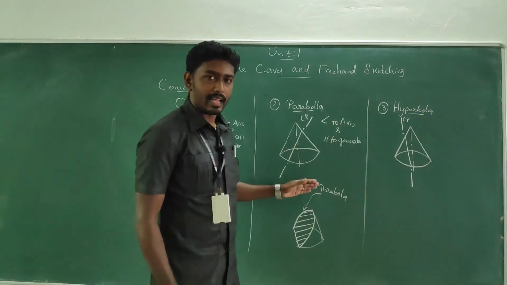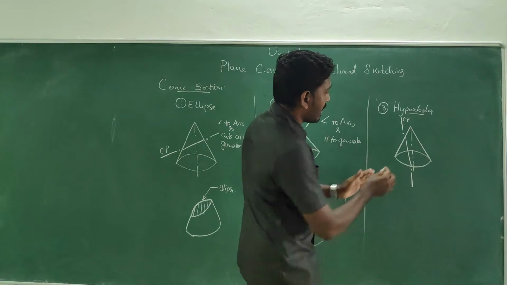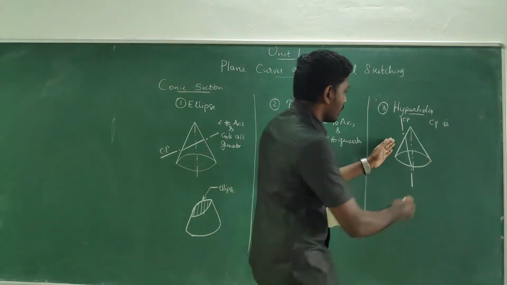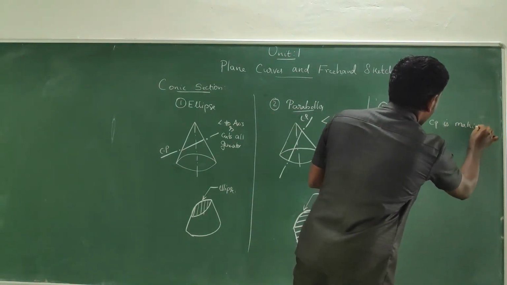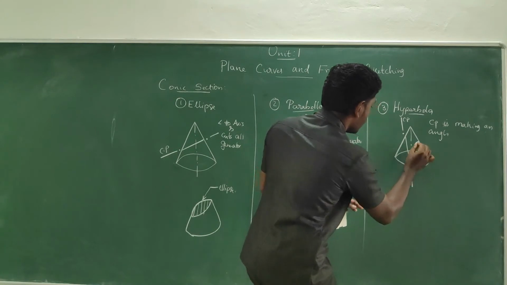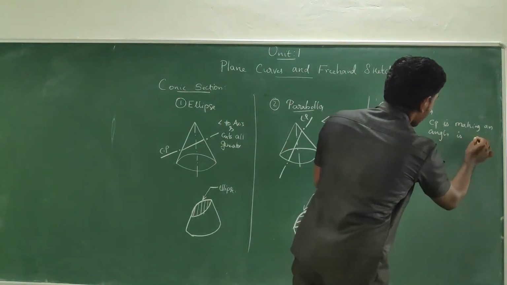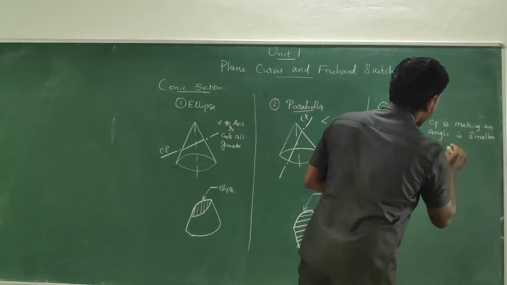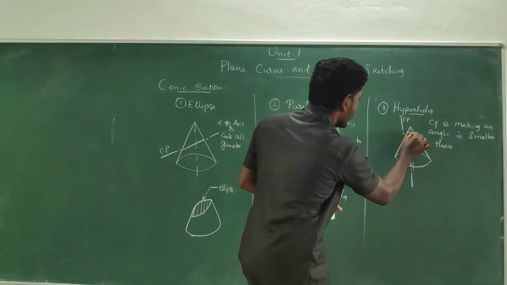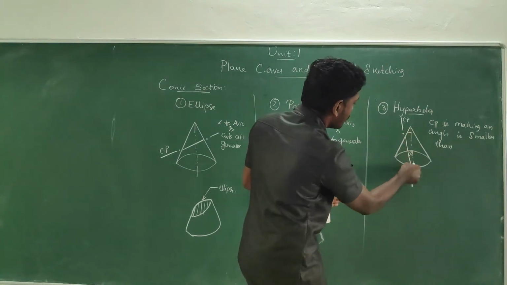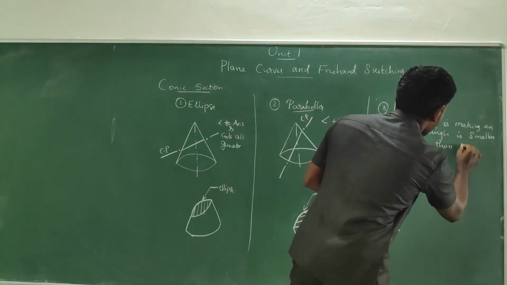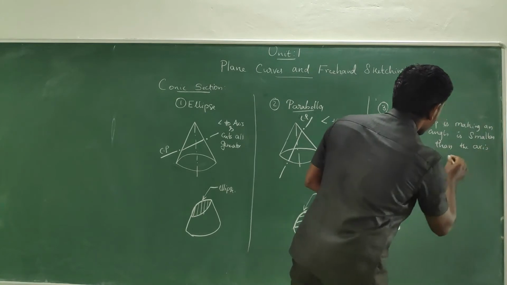That means the cutting plane is making an angle with the axis that is smaller than the inclination the axis makes with the generators. These are the generators.